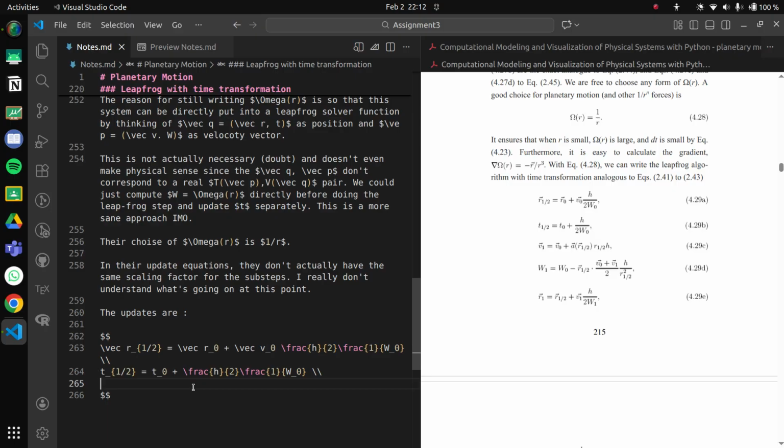And with v1 you are having r half, which is not the same dt, is it? Yeah, you would require the step size to be small for the same thing, but then you're not actually doing that, are you?